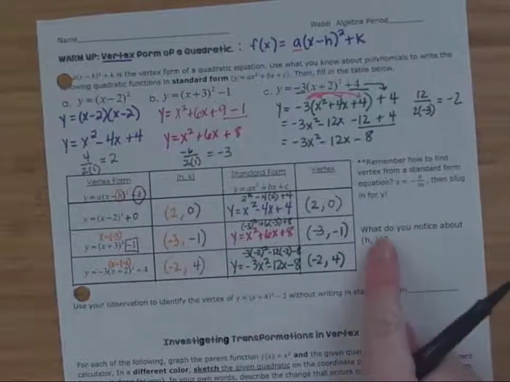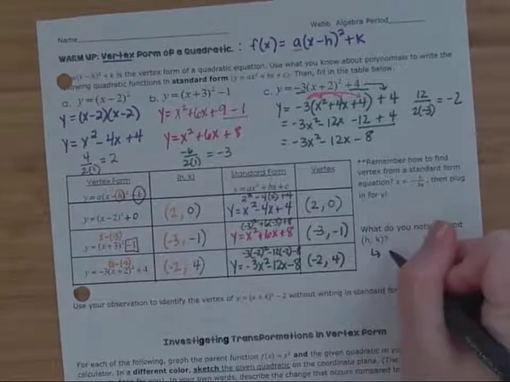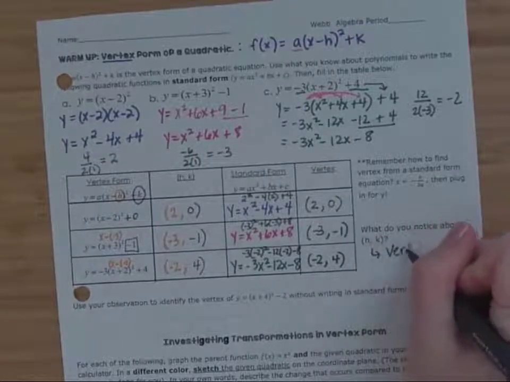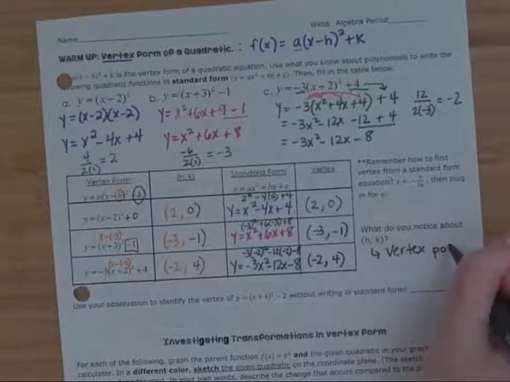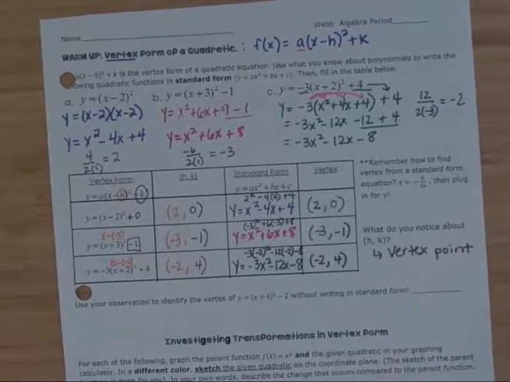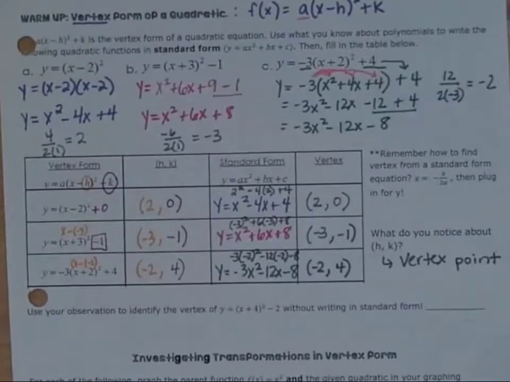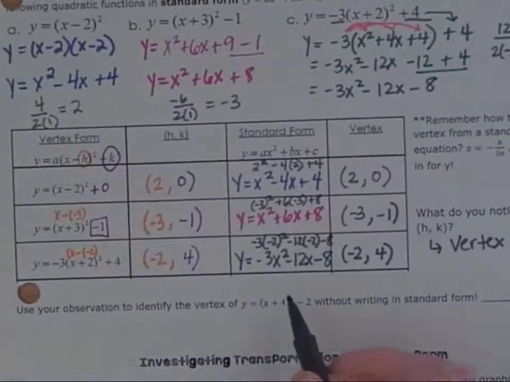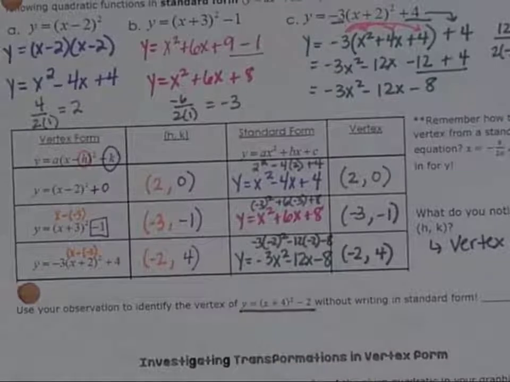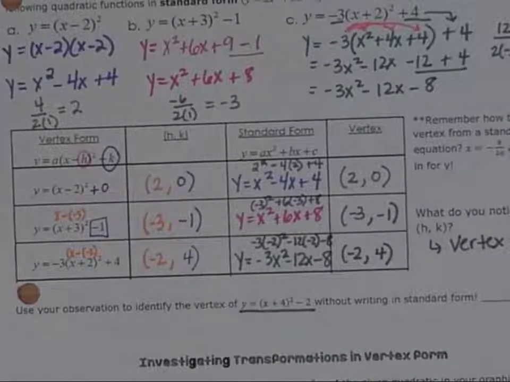So what do we notice about H and K? This is the vertex point. So without having to put it in standard form, I should be able to use vertex form to identify what the vertex is.